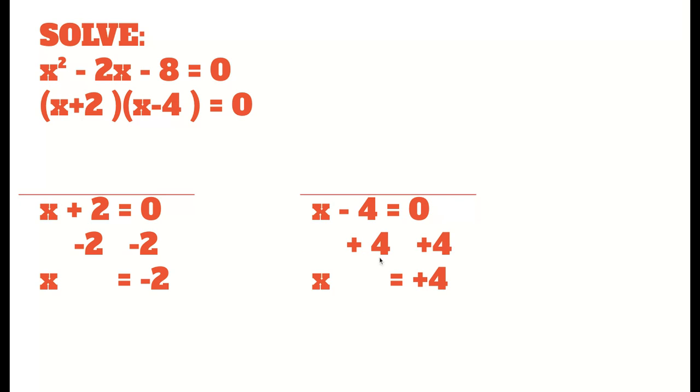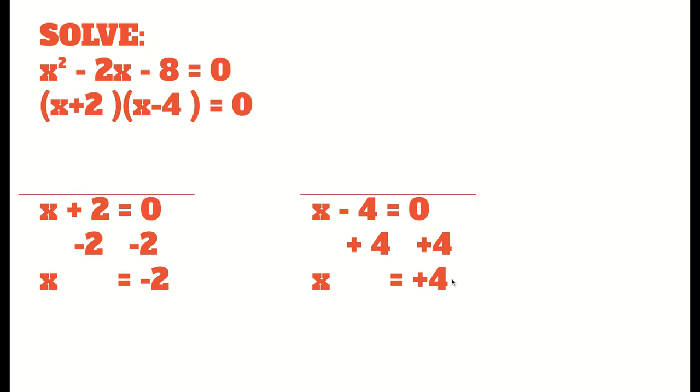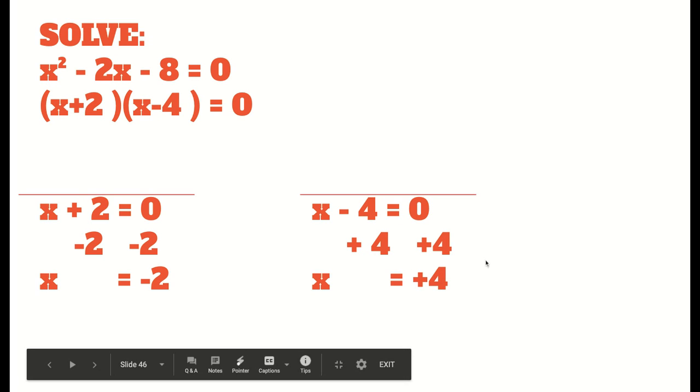Add 4 to both sides, we get x is equal to 4. So when y is 0, x is negative 2. Or when y is 0, x is equal to 4. If this was on a graph, we would see a parabola and we would see 2 x-intercepts, one at negative 2, 0, and one at 4, 0.